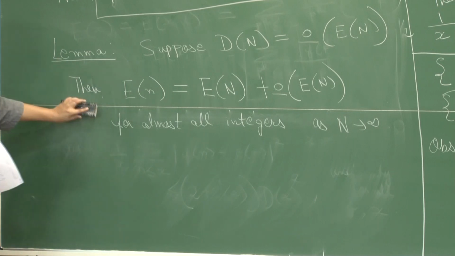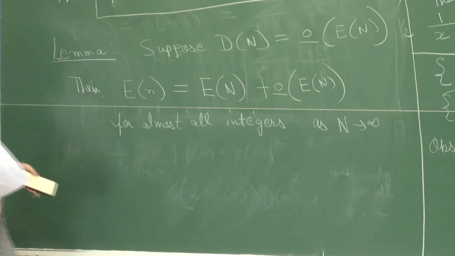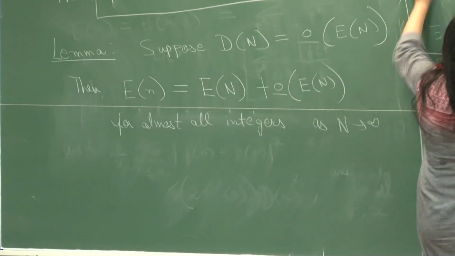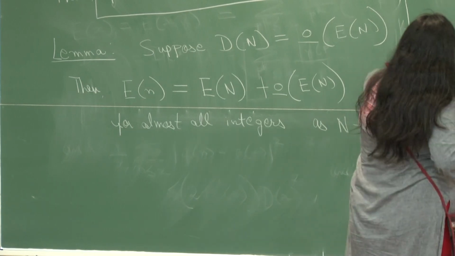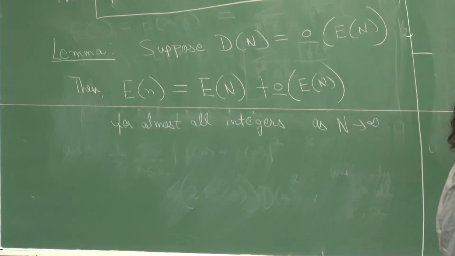So how is this implied from the Turan-Kubilius inequality? Again, this is similar to an idea that we had used in the proof of the Hardy-Ramanujan theorem, which by the way we are going to state in a more general form today.